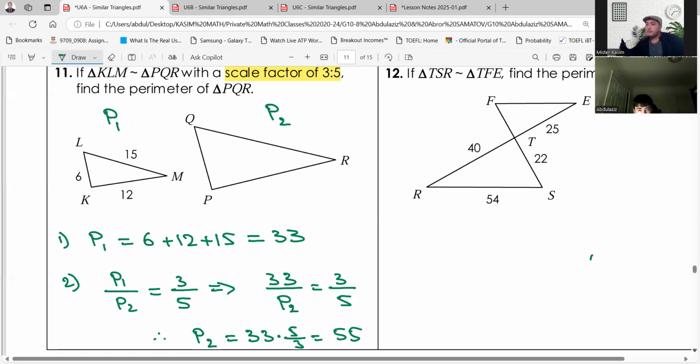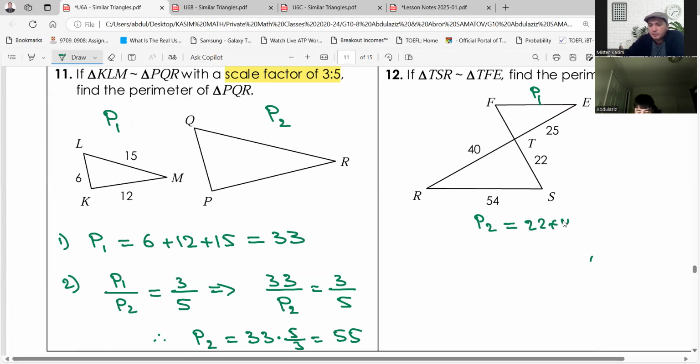Okay. So first, it says find the perimeter of TFE, right? Suppose that this one is P1 and this one is P2. First I can find P2. What is P2? 22 plus 40 plus 54, that's equal to 116, right?